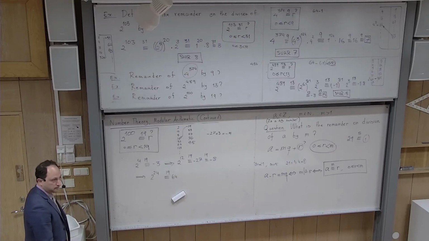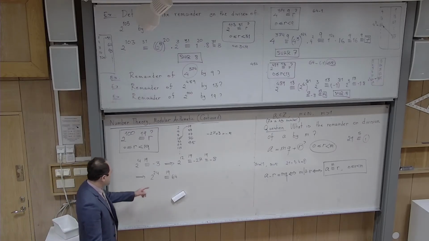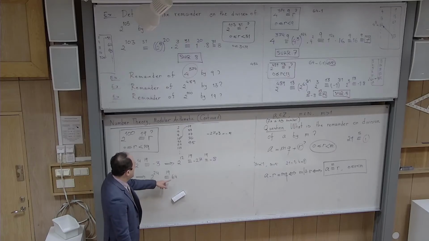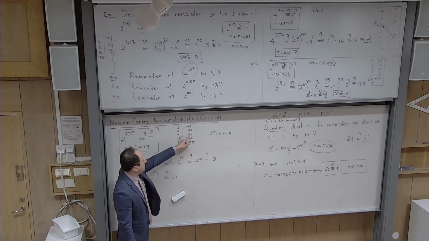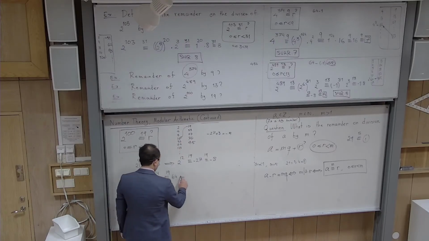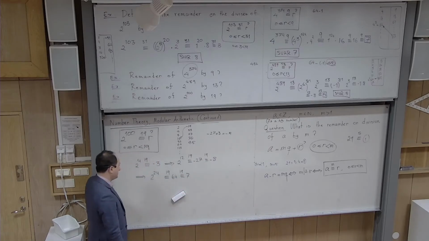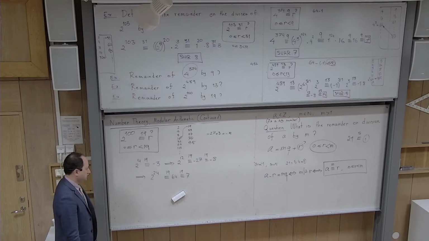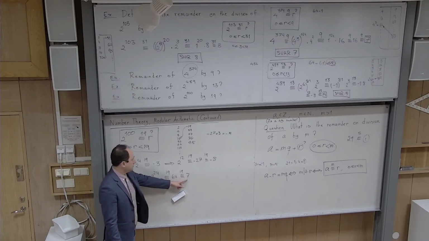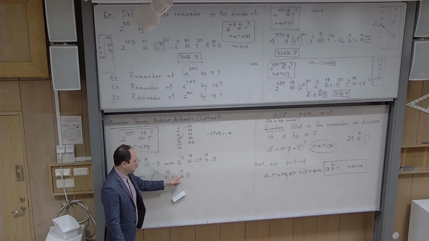Yes? Do you agree? And then 64, this one is the best choice. Instead of 64, what can I write? I can write 7. Because 64 minus 7 is 57, and 57 is divisible by 19.